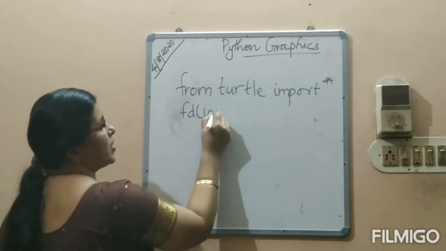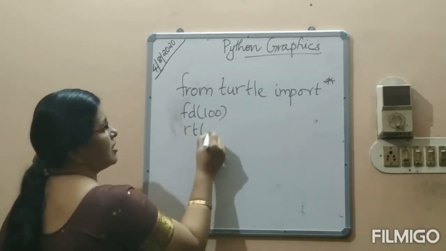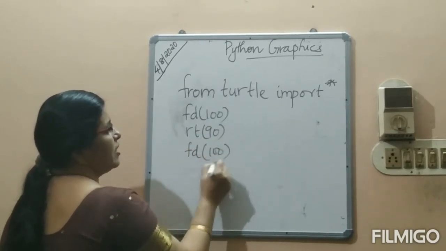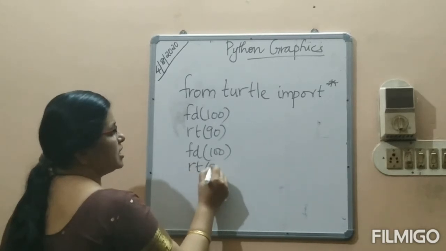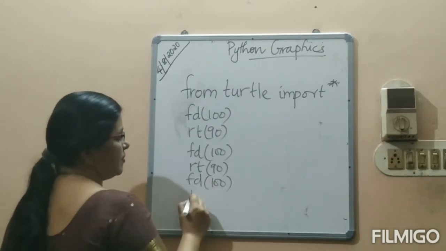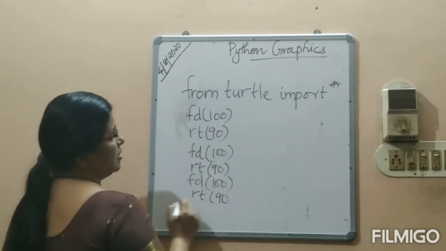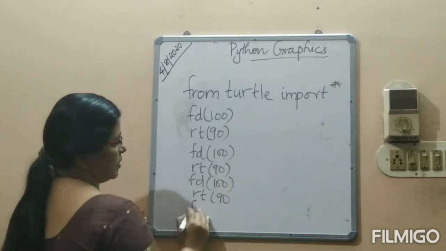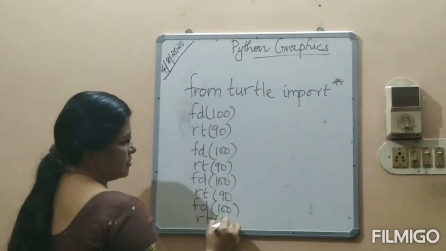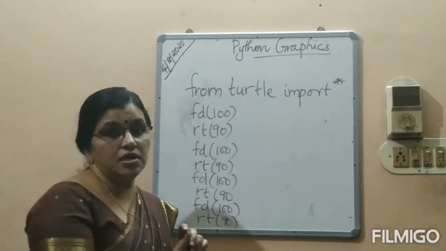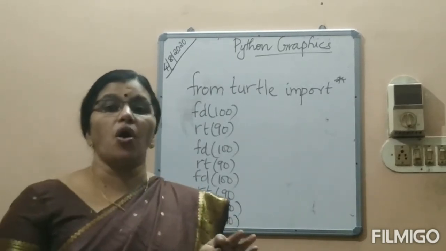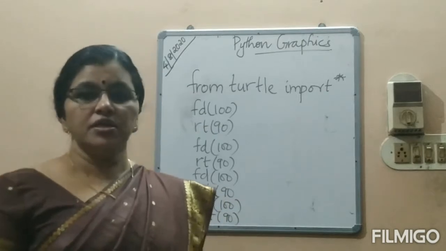FD 100, RT 90, again FD 100, RT 90, FD 100, RT 90, FD 100, RT 90. This much command should be written to draw a square.